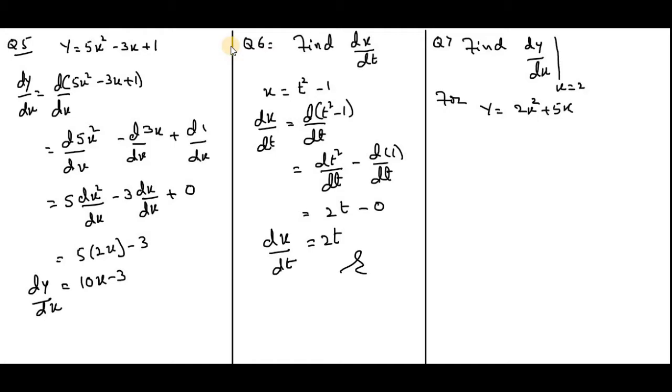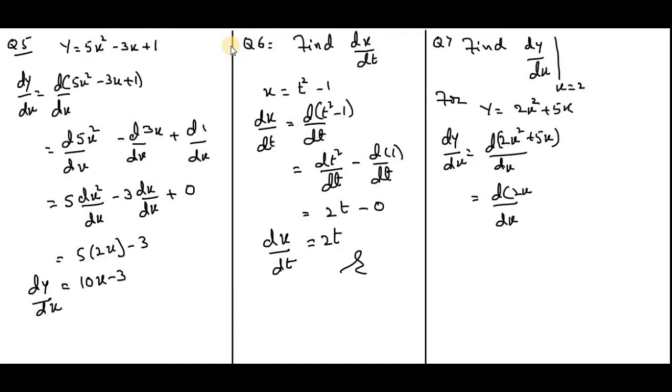Now question number 7, find dy by dx at x is equal to 2. This means that after finding the derivative of the given function, we will replace x, wherever there is x, by the given value, which is 2. So dy by dx is equal to d by dx of 2x square plus 5x.